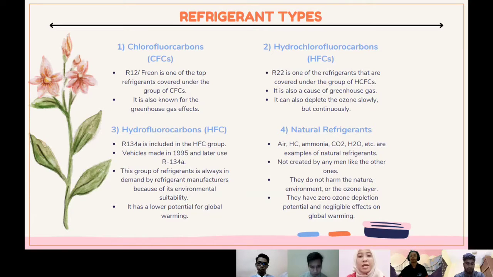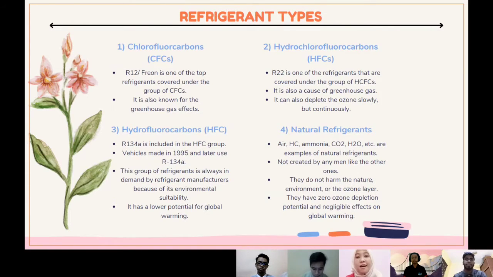And the third one is hydrofluorocarbon. The example is R134a, and this kind of refrigerant has been used since 1995. This group of refrigerants is always in demand by refrigerant manufacturers because of its environmental suitability, and it has a lower potential for global warming. For the last one, natural refrigerants.